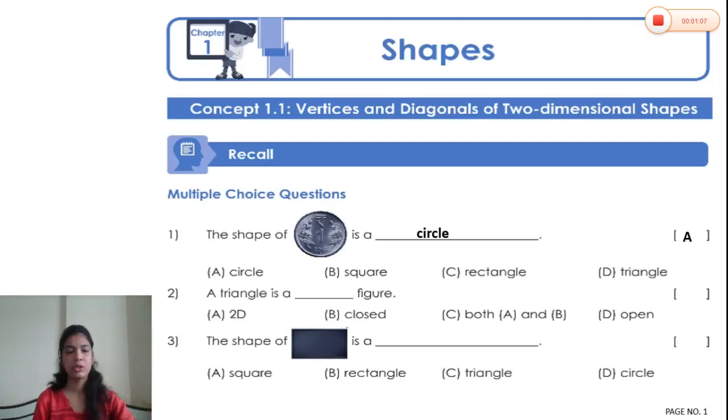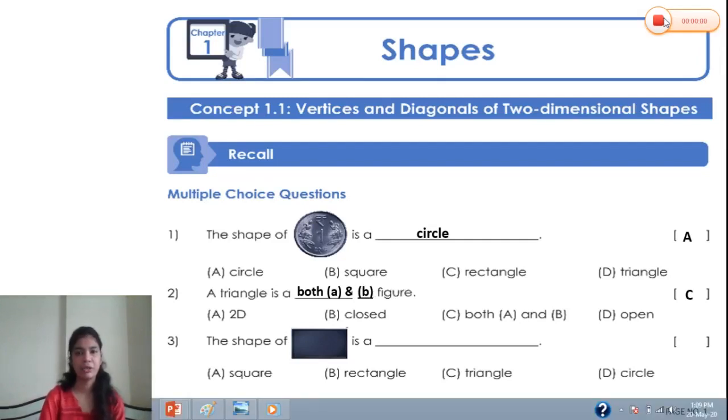No. So students, let us see the options. A, 2D figure. B, closed. C, both A and B. And D, open. So which one is the correct answer? Very good. That is option C, both A and B.